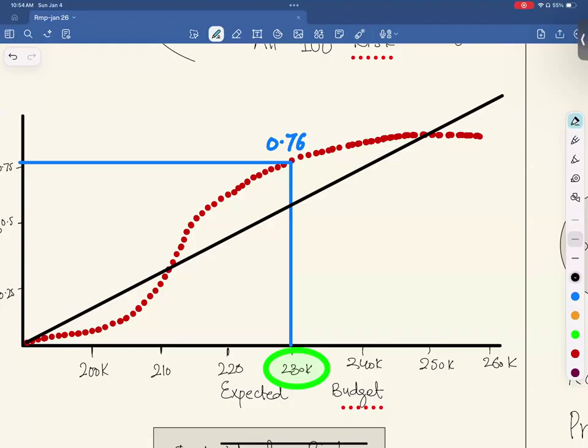If we closely examine the curve, even if no risk has occurred, we are still unable to complete the project within 200K. Where it says no risk has occurred, we are not plotting the number of risks here.